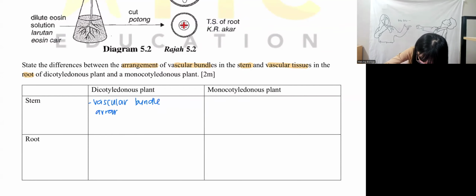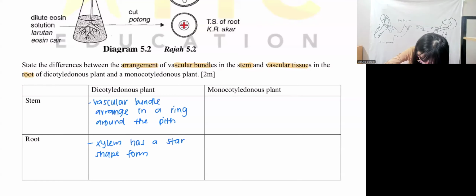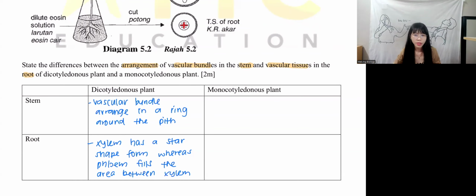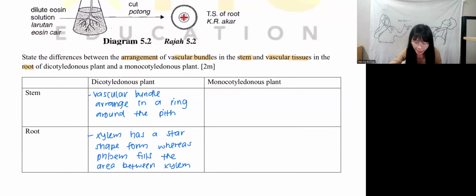Next, xylem has a star-shaped form, whereas phloem fills the area between xylem.